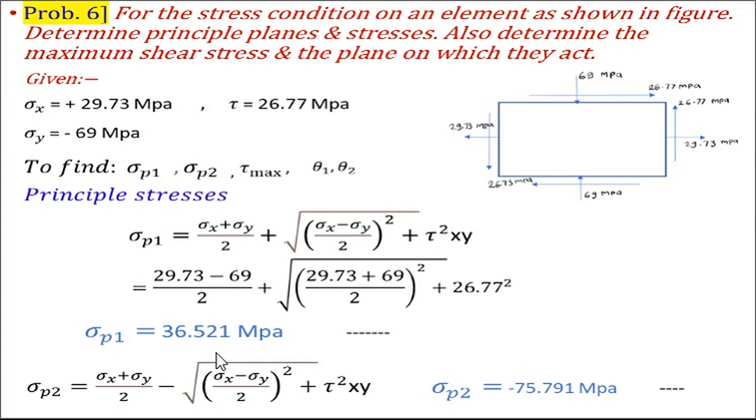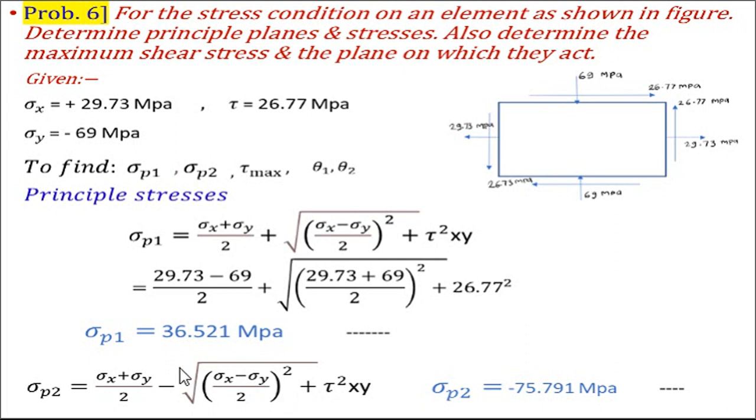There are actually two principal stresses acting, which are mutually perpendicular to each other, and because of this the second principal stress is also there, only the minus sign is taken here: sigma x plus sigma y divided by 2 minus under root of (sigma x minus sigma y divided by 2) bracket square plus tau xy square.